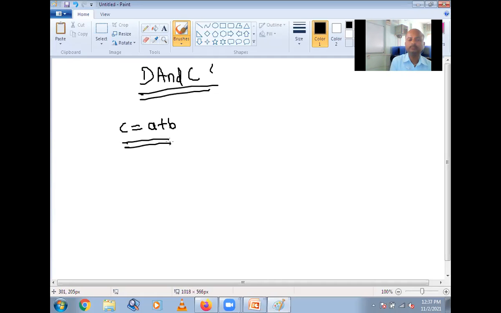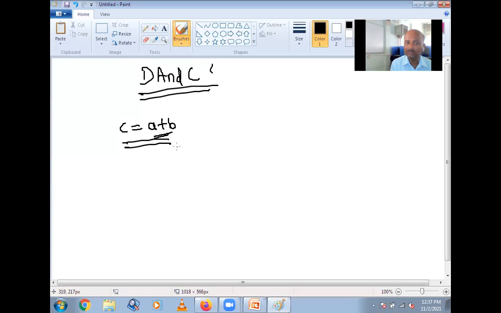First, start, then take any two numbers, then do addition, and the addition will be stored in a third variable, and display the value of their addition with the third variable, and then stop. This is the algorithm.